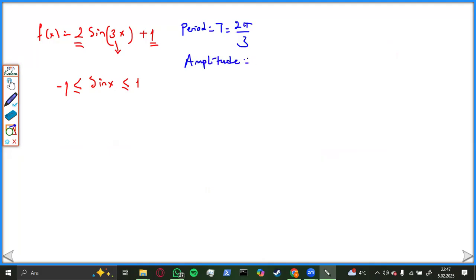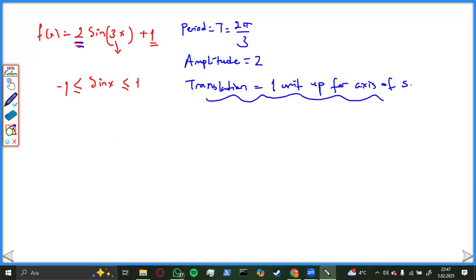Amplitude is 2 here, and the translation is 1 unit up for the axis of symmetry. By using these details, right now you can easily draw the graph.